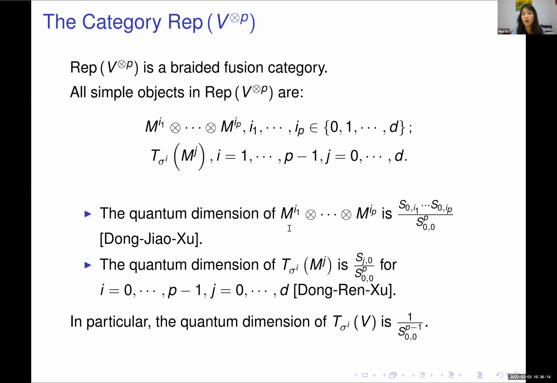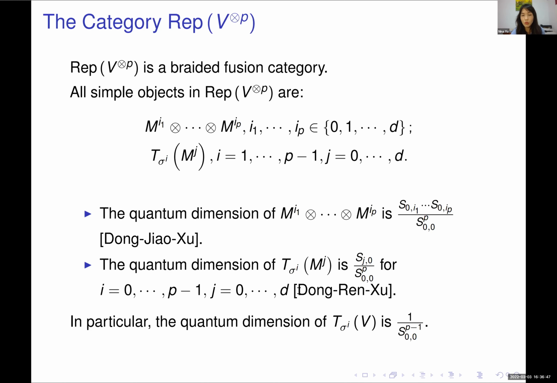Earlier I gave you the quantum dimension for irreducible modules, and the quantum dimension for the tensor product here is just the product of the quantum dimensions of the Mi's here. So this is the quantum dimension of the untwisted module. We also know that the quantum dimension for twisted modules, which is given in Dong, Ren, and Xu, can be written in terms of the S matrix.